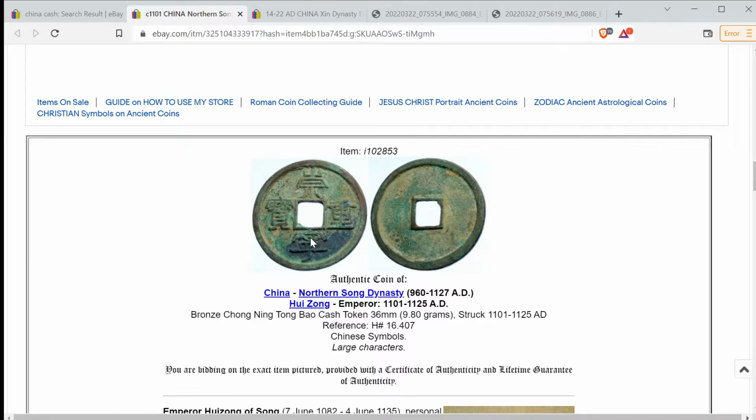The square hole was a way for them to carry large amounts of these coins with them, kind of like beads. You would have a roll of money on that string, and let's say something costs whatever, 10 of these coins. You could throw 10 of them wound up together in a bunch real quickly.